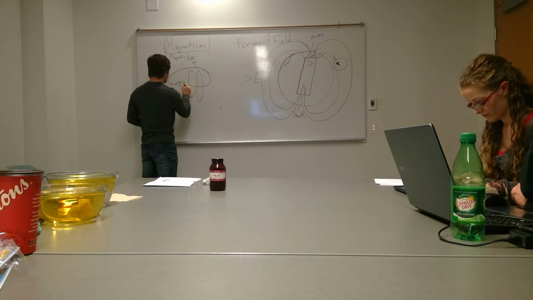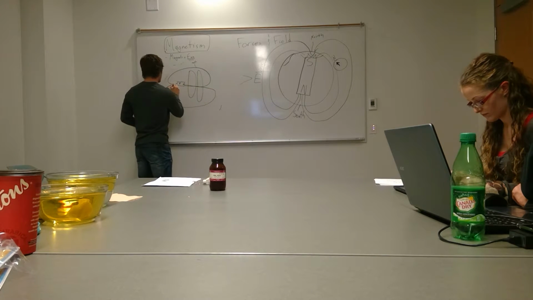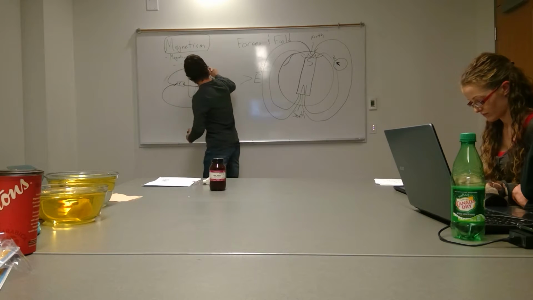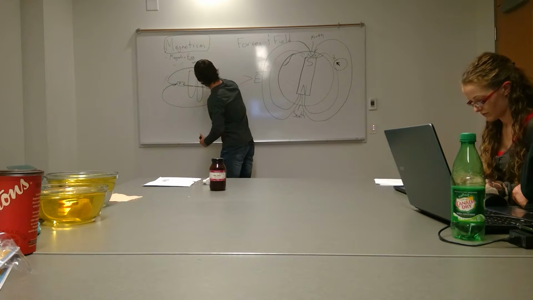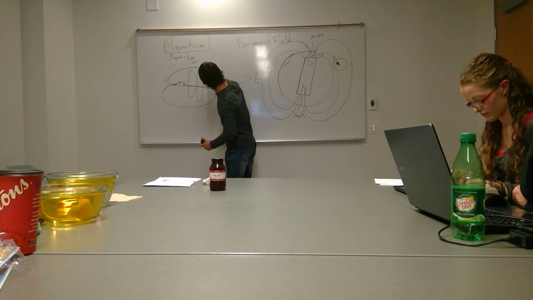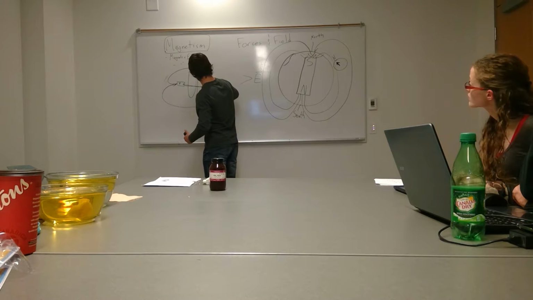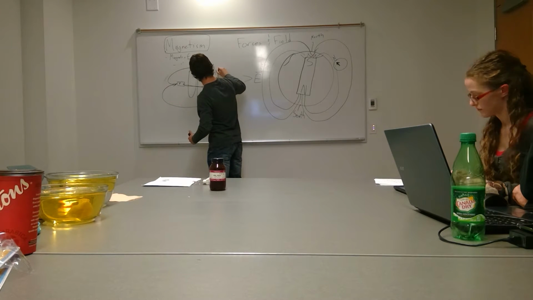What Lenz's law states, this being the magnetic field, these being loops, we're going to call these loops N. And this loop has some area.